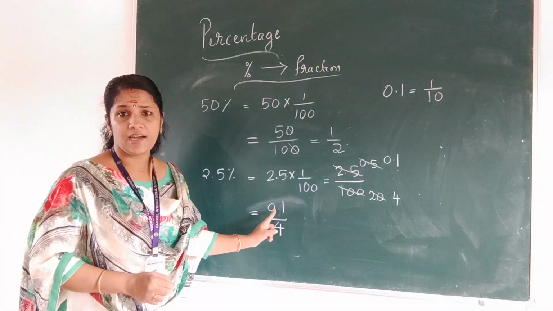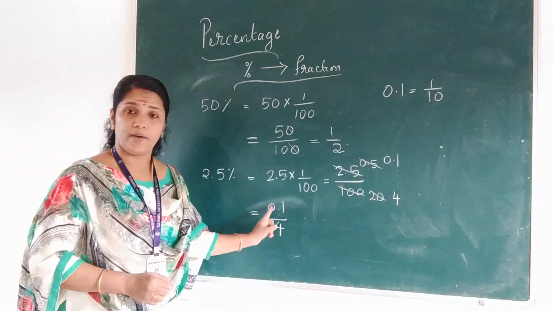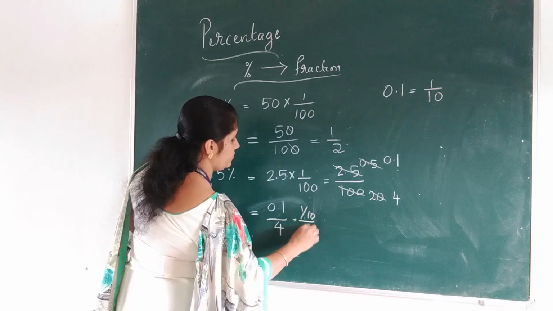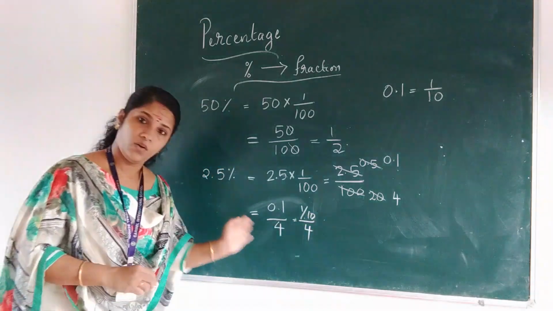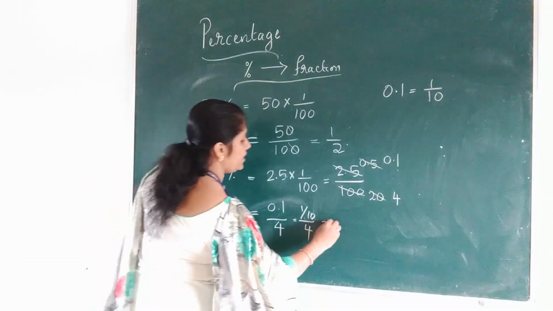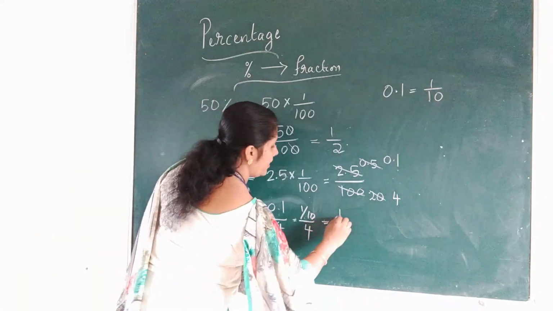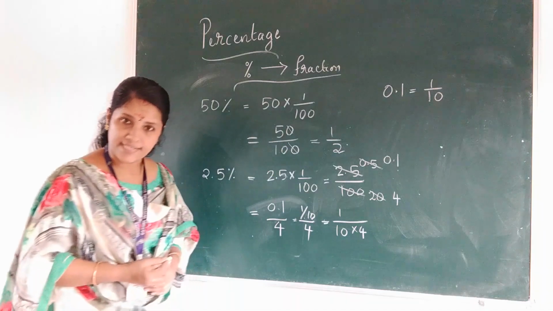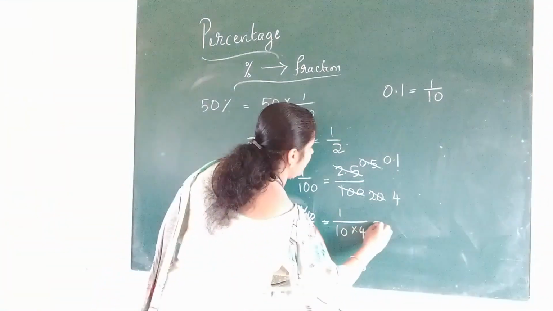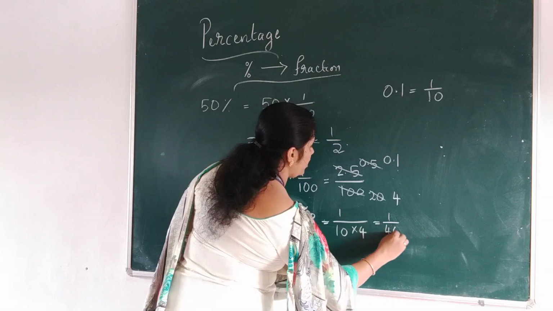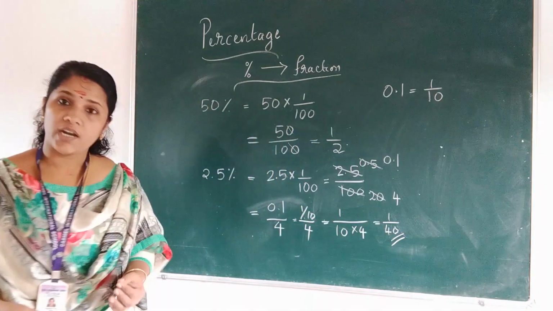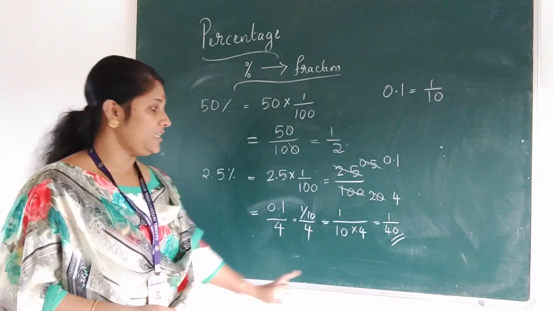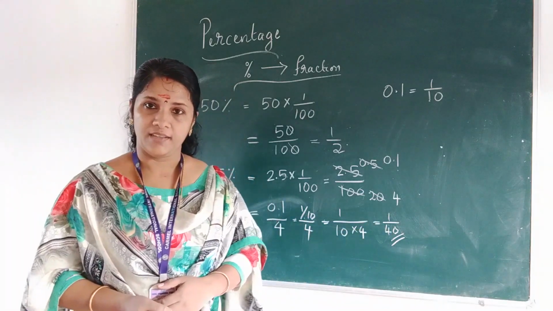So I replace the decimal in the numerator by 1 upon 10. 1 by 10 whole by 4 is equal to 1 by 10, with 4 in the denominator itself. So it will be 1 by 40. So the fractional representation of 2.5% is 1 by 40.